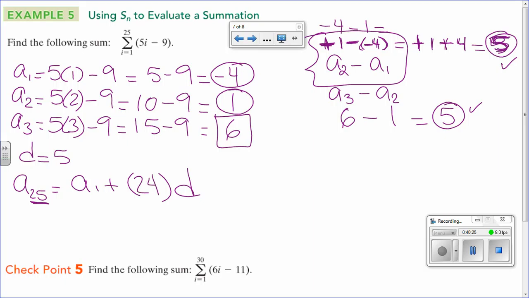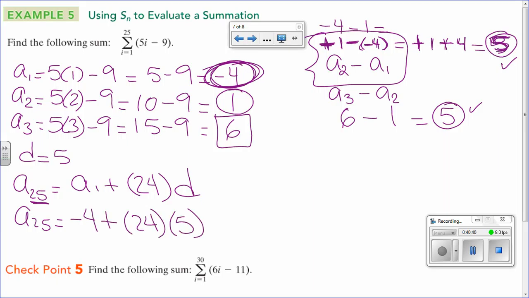So a sub 25 will be the first term, negative 4, plus 24 times positive 5. That is the difference. So 116 is our last term to compute this sum.